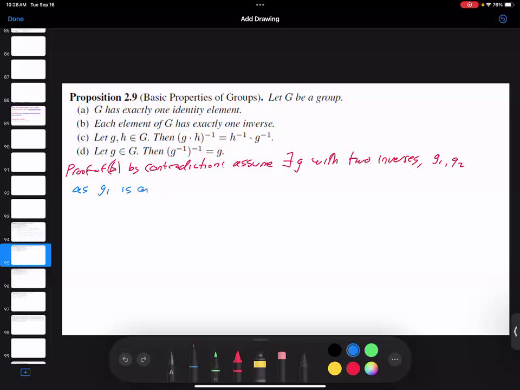As G1 is an inverse of G, what do we have? So what must be true if G1 is an inverse of G?